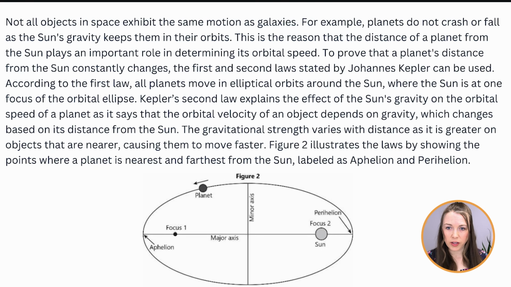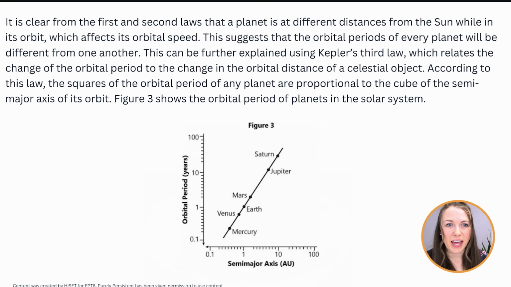In this figure here, it looks like we have the sun on one end and a planet that is orbiting, that is going around, and these two words here. This word right here is aphelion, and this word right here is perihelion. Not that you really need to know how to say it, but there you go. Then it is clear from the first and second laws.